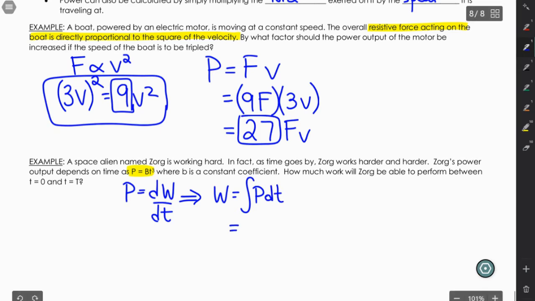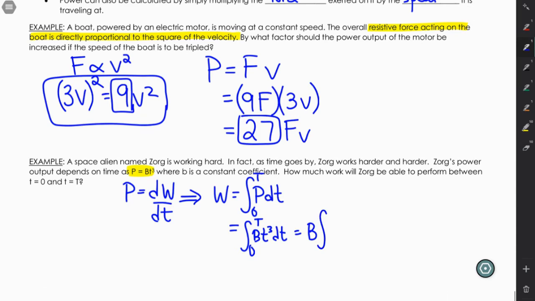And because it's a definite integral, we're going to go from 0 to capital T, right? And so I'm going to take the integral from 0 to capital T of BT cubed dt, right? We just get a little practice rewriting, so I'm going to pull that B out because it's constant. It says B is a constant coefficient. We go from 0 to T of T cubed dt.